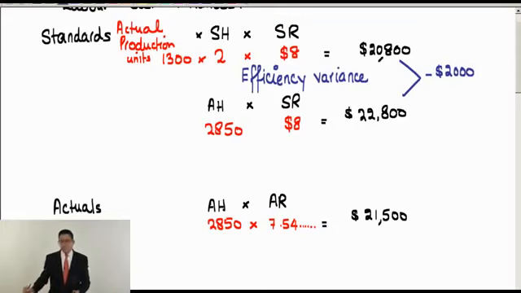In exams, you don't need to put down negative or positive signs. I am just explaining that if it comes as a negative figure on your calculator, 20,800 minus 22,800, very quickly it is adverse.